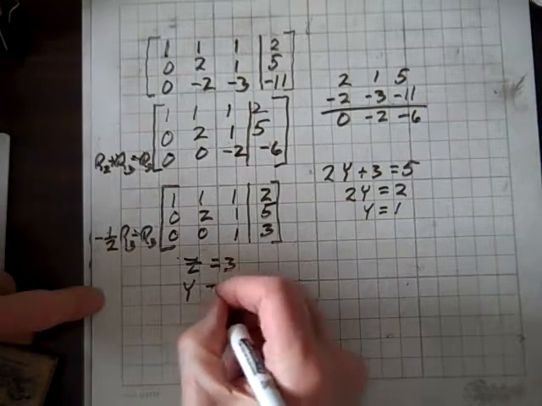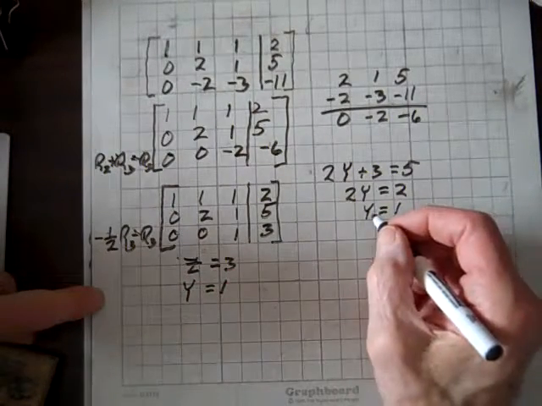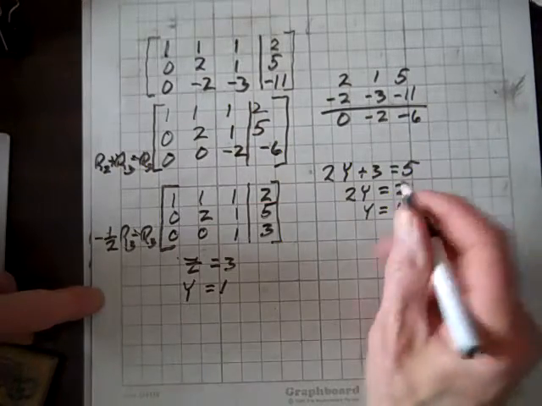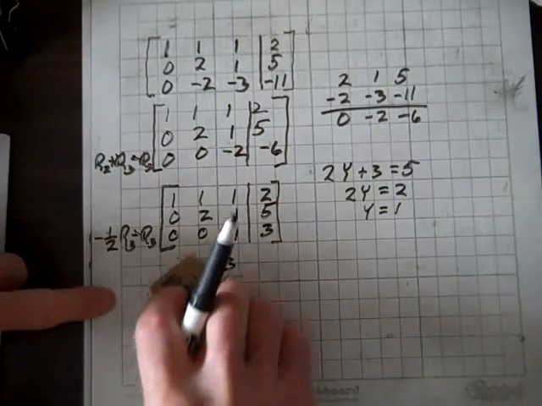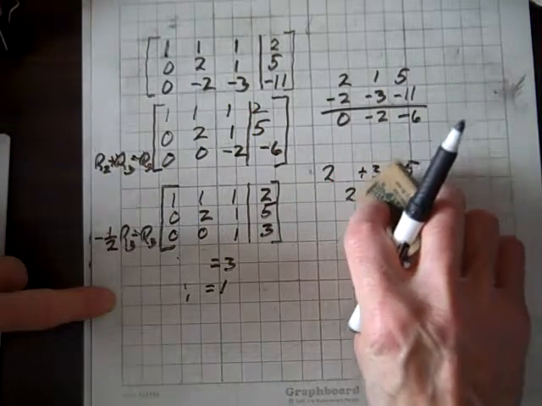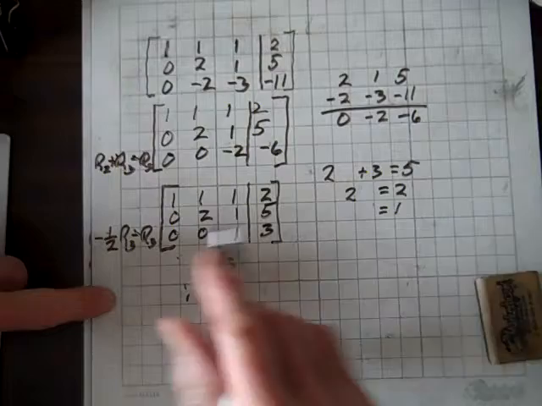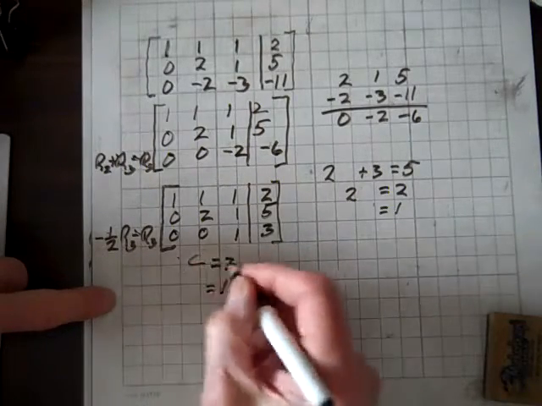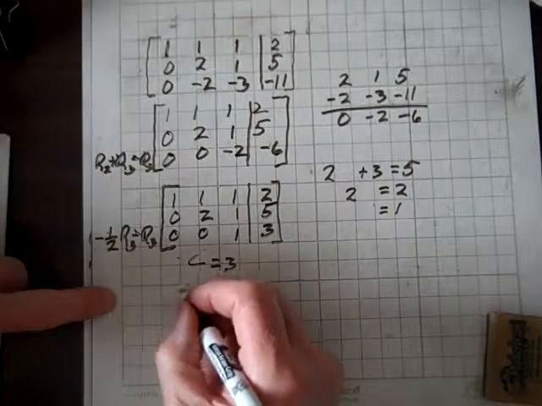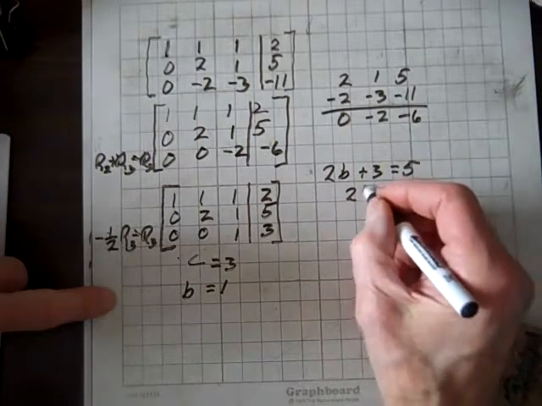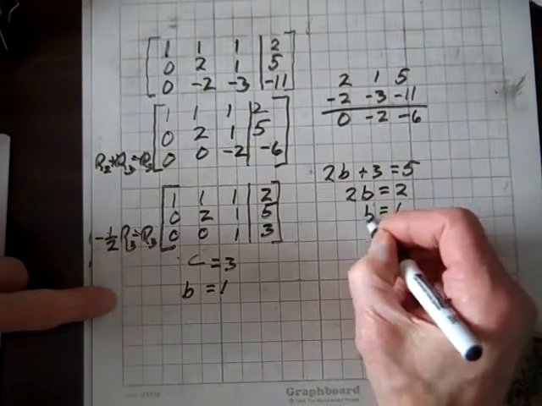Now, let's take row 1, oh, excuse me, I'm talking about x, y, and z. I beg your pardon. I should be talking about a, b, and c. So c equals 3. B equals 1.